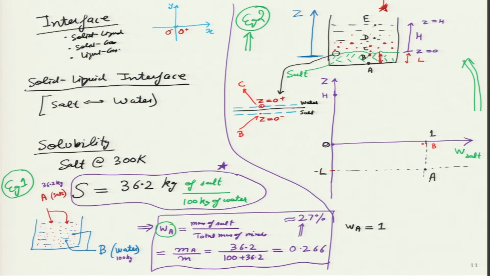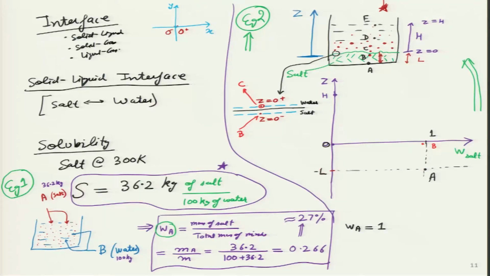Now comes the interesting part: at point C, which is inside the water, we have just entered the water layer. So, there must be a lot of water molecules around, because we are inside the new territory. We have crossed the boundary, just like when we cross a border and go to a new country, the currency changes. In one country maybe they are using dollar, in another country they are using pound. So, immediately that change is there, but maybe there is some diffusion also. Some people who have crossed over, a few of them are still using dollar.